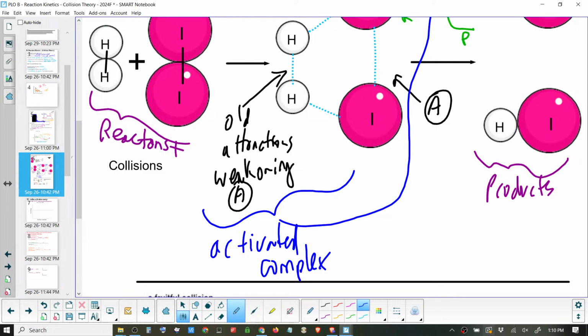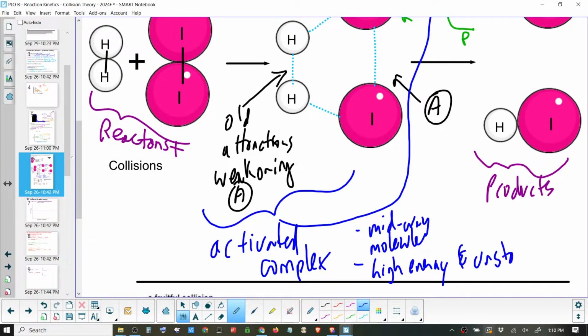So this is called the activated complex. It is an in-between molecule that has all of the bonds. It is midway. And it is high energy and unstable.